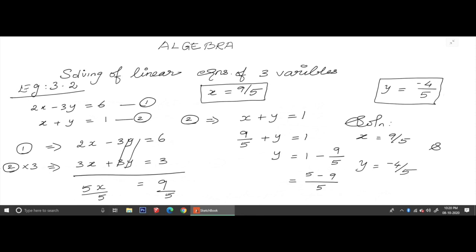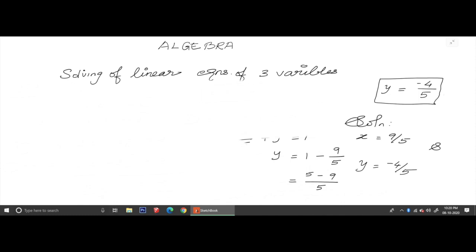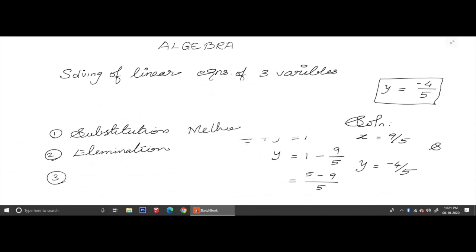Yes, before going to that, in example 3.1, what method I have used to solve, and in example 3.2, what method I have used? Can you guess, ma'am? In first, I have used substitution method, and the second one I have used elimination method, and there is one more method you have learnt. Do you remember? Yes, what it is?